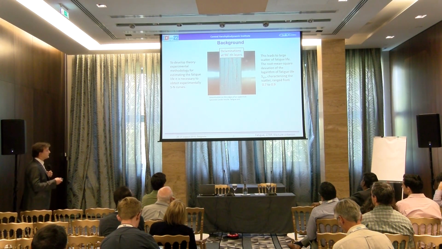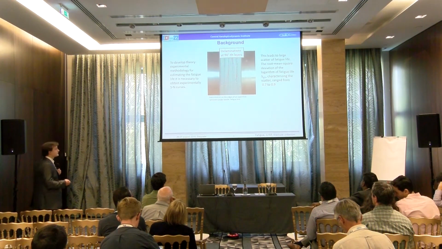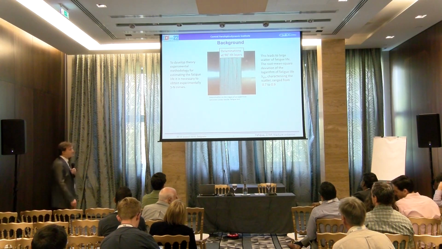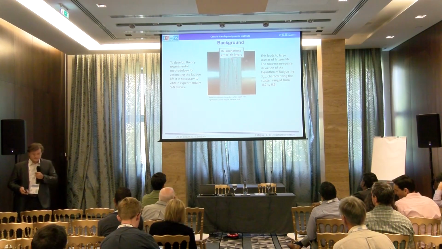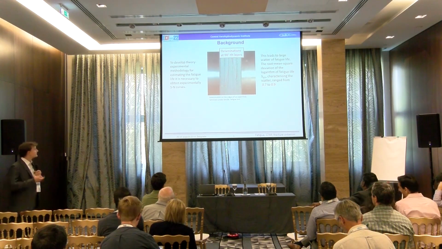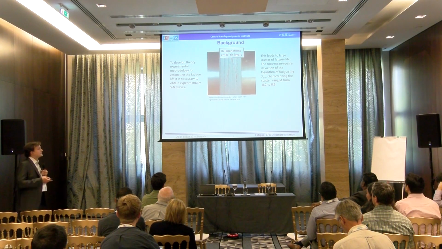The root mean square deviation of the logarithm of fatigue life, which characterizes the scatter, ranged from 0.7 to 0.9. Of course, such data is unacceptable for making an estimation of fatigue life, especially in aircraft structures.